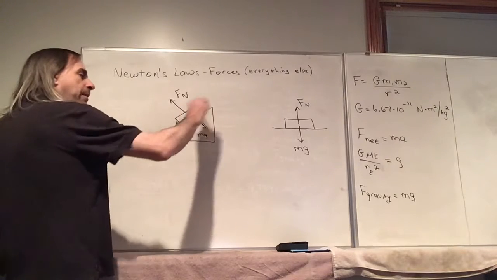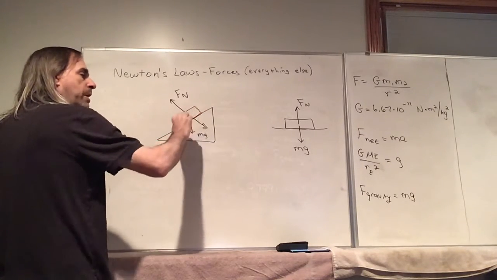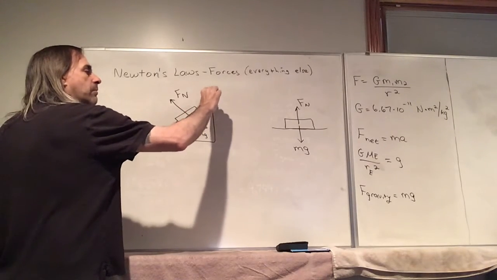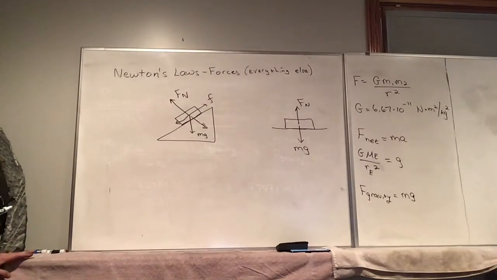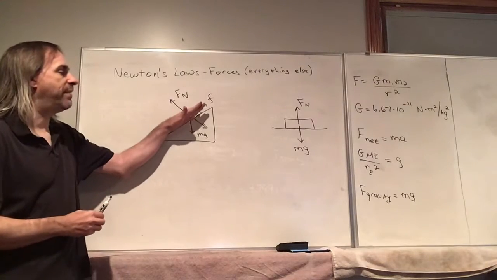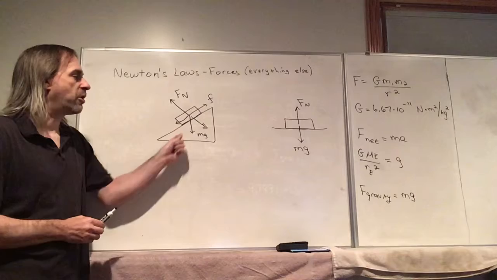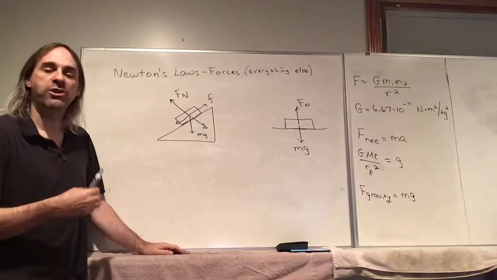But there's also another contact force between the book and the surface here, and that's called friction. We use a lowercase f to describe friction. So really, the force between the book and the surface that it's resting on is the normal force and friction combined.